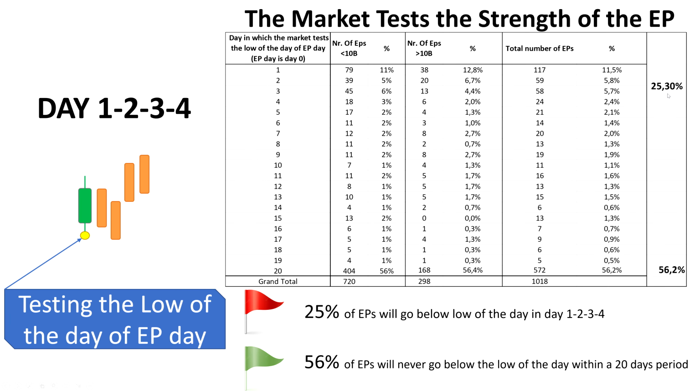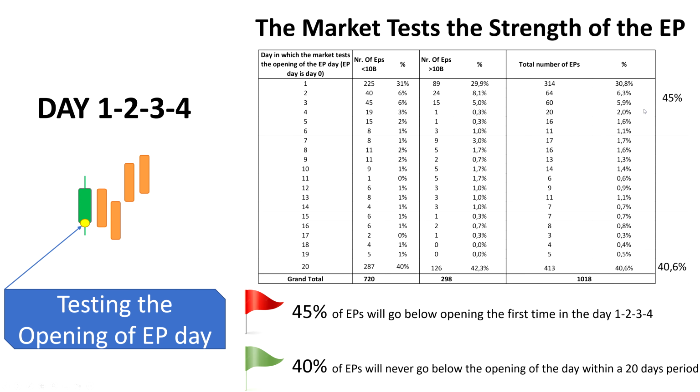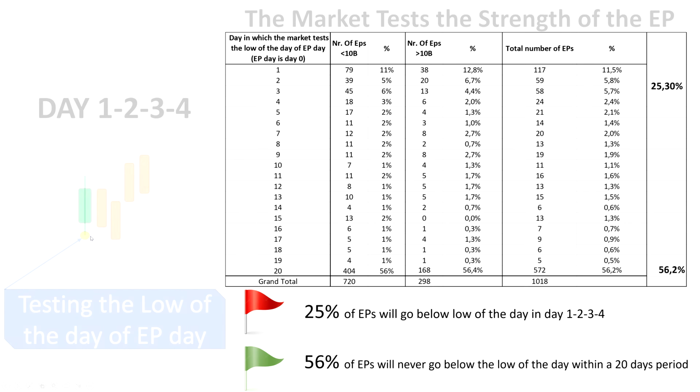How to read this is that there are 45% of the cases when the stocks challenge the opening, but they don't go lower in day 1, 2, or 3, and so on to test the opening. So this area becomes a good area of resistance for the EP.